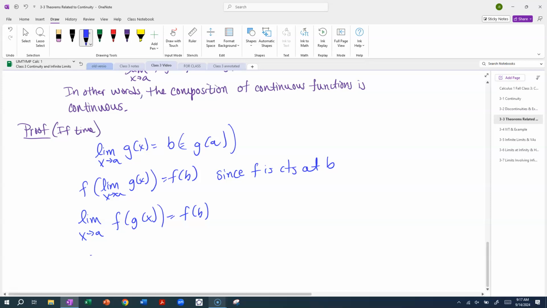This is the composition, so the composition is equal to f of g of a. And so that means that f of g is continuous at a. That gives me my desired property.